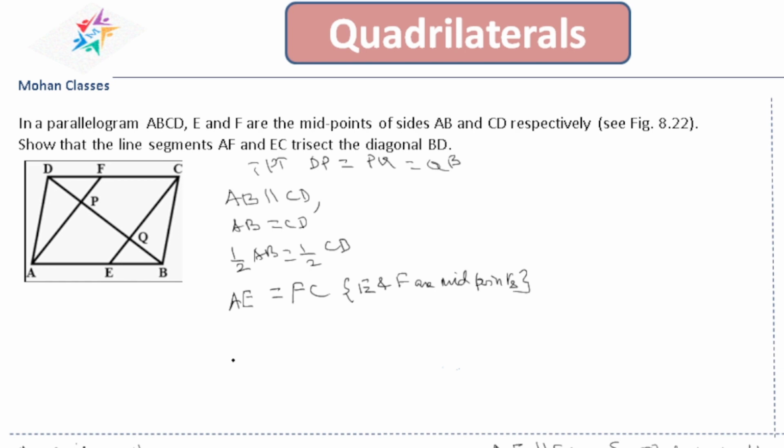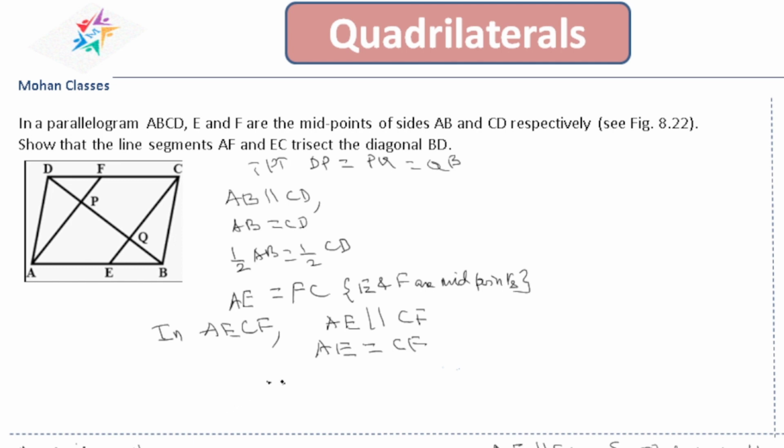And then in quadrilateral AECF, AE parallel to CF and AE is equal to CF.